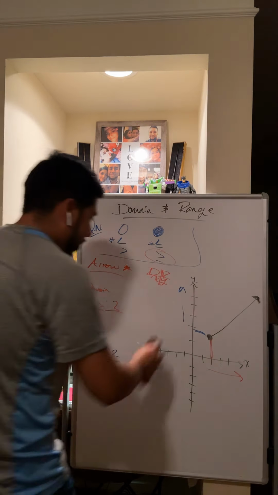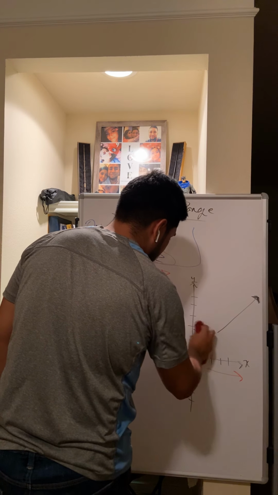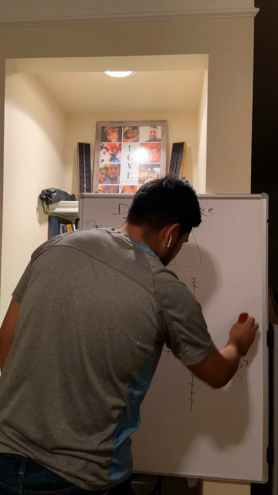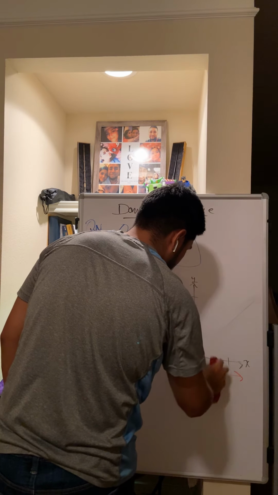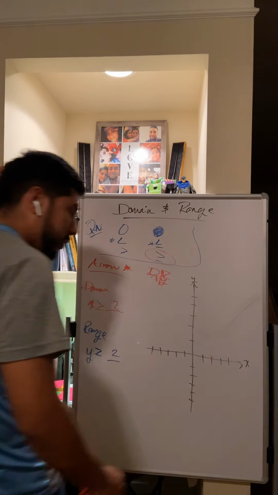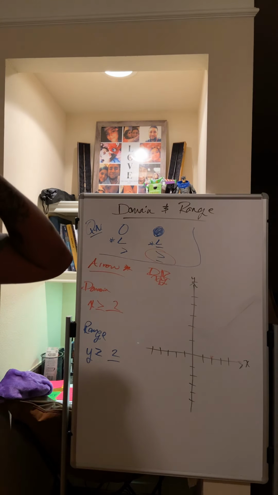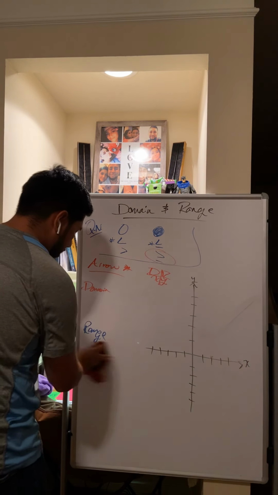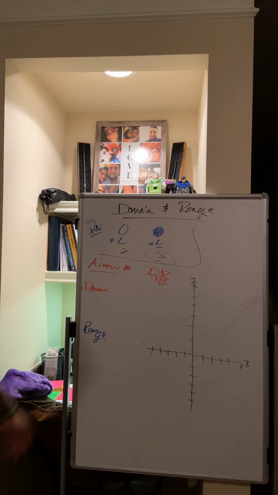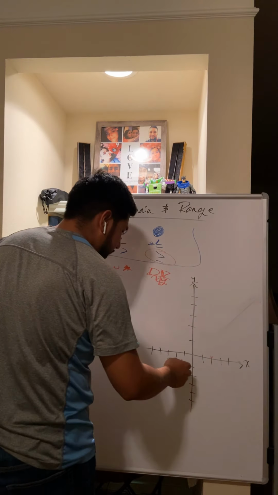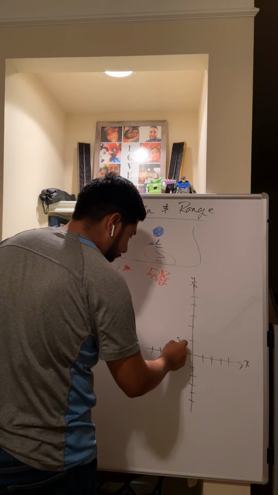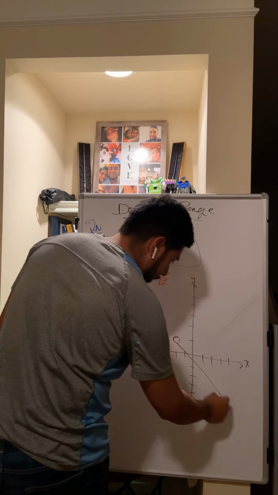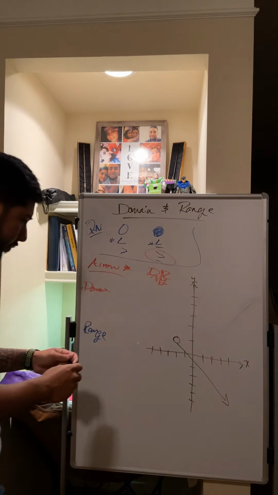Oh no, two more examples. Let's do another one of the same kind. Let's do it right here. Open circle. It's coming downwards.